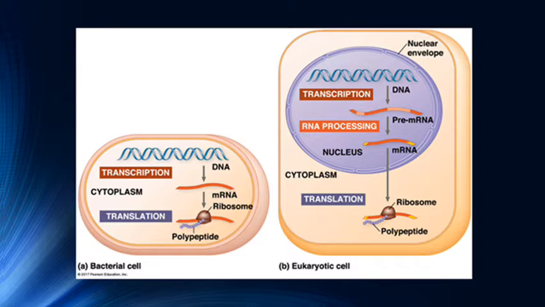And you can see from this picture that this happens both in prokaryotes and eukaryotes. Slightly different in prokaryotes because you don't have a nucleus. Your DNA is just inside the cell, whereas in eukaryotes, part of the process is going to happen inside the nucleus and the other part of the process will happen outside the nucleus.